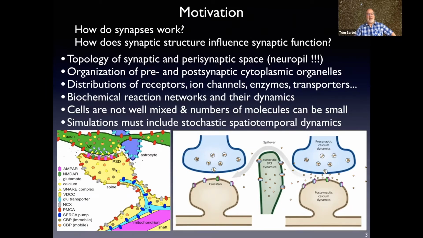And because synapses are so small, cellular compartments between and among organelles are so small, those volumes are so small, the numbers of molecules can be quite small. So that means the simulations must include the stochastic spatial temporal dynamics. So not just space and time, but also small numbers of molecules that cause these fluctuations.